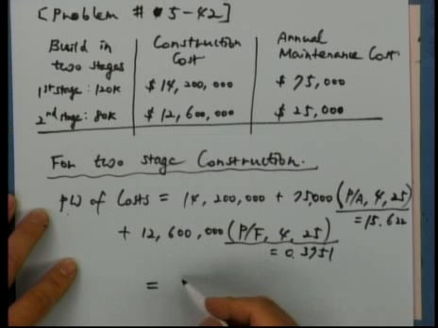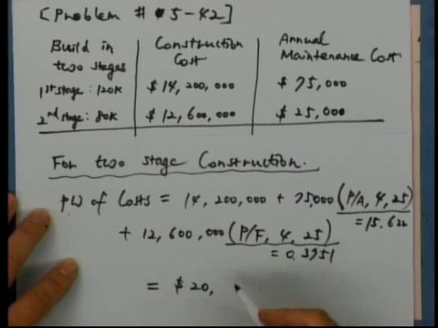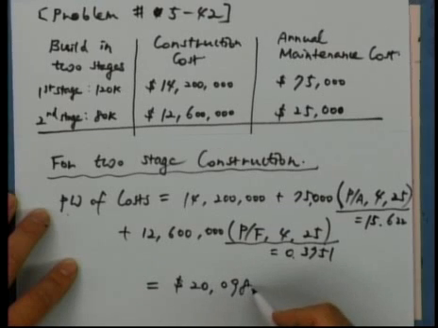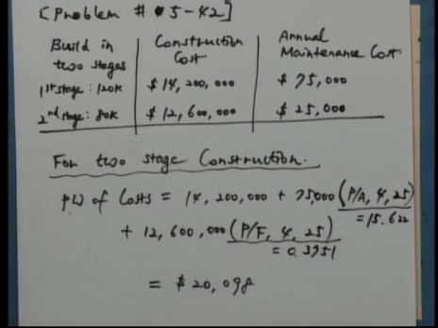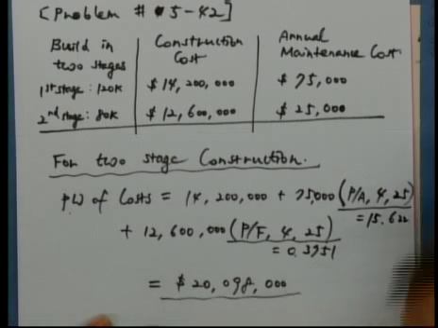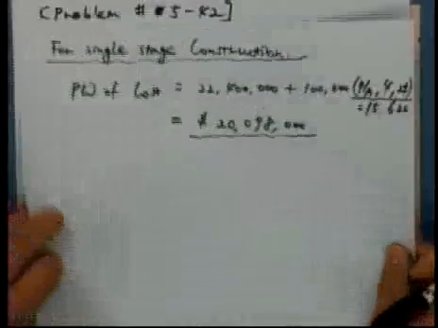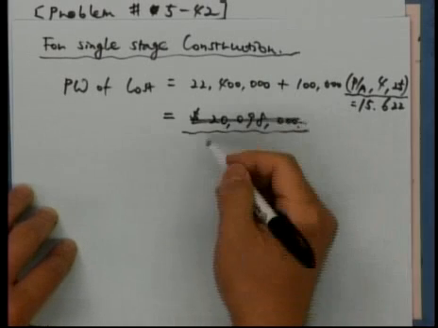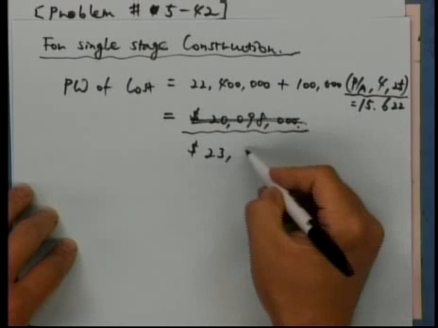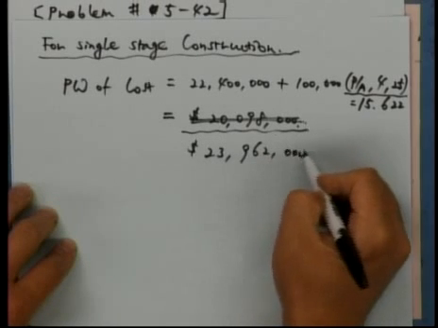Hold on a second, please. Well, I think I copied the wrong value earlier. For the single stage construction, it's got to be $23,962,000.